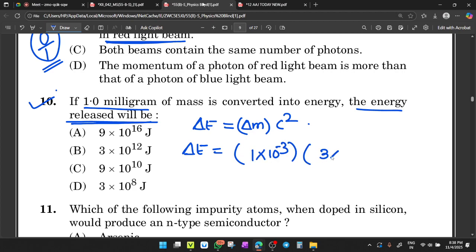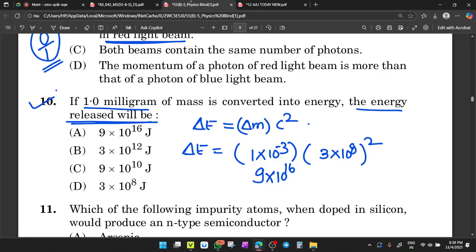And the value of C equals 3 into 10 to the power 8 meter per second, whole square. So 3 square becomes 9, and 8 square, 8 into 2, becomes 16. 10 to the power 16 minus 3. How much will it be? 13.